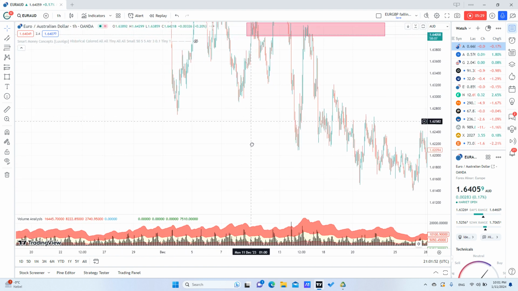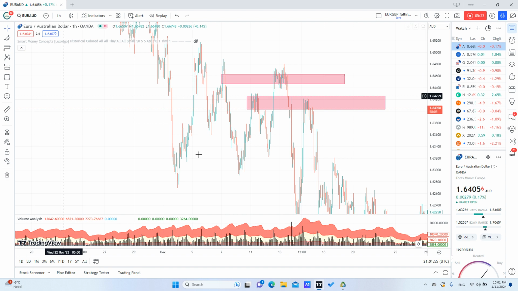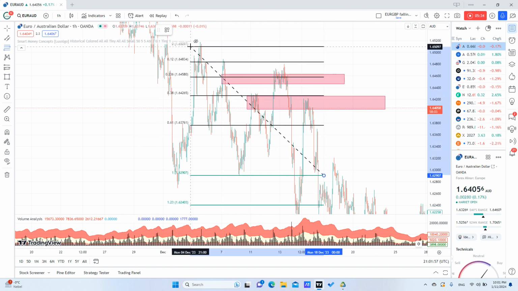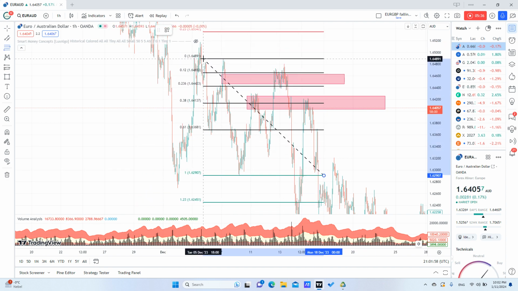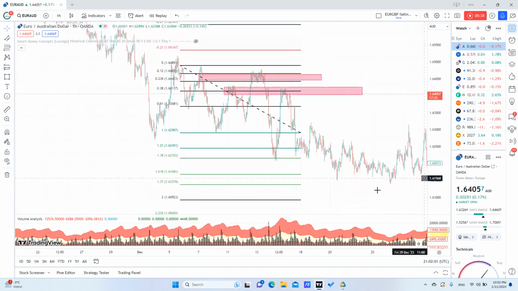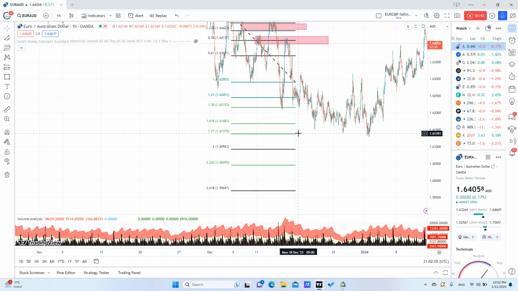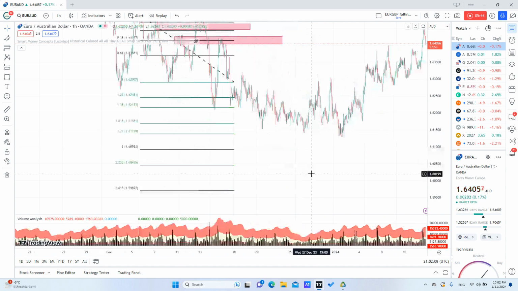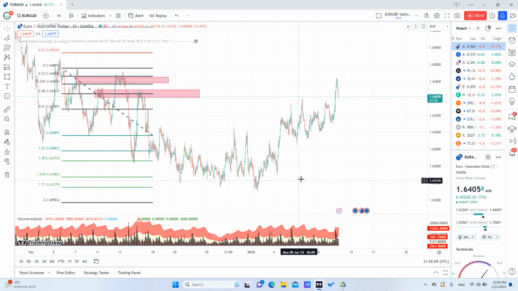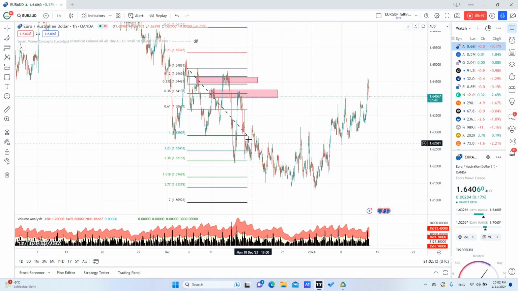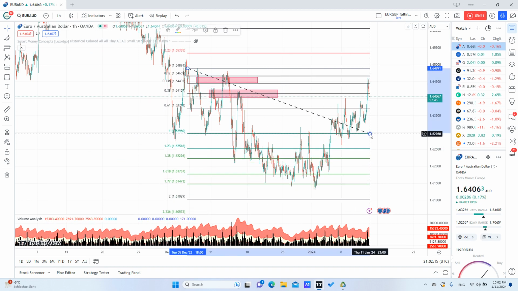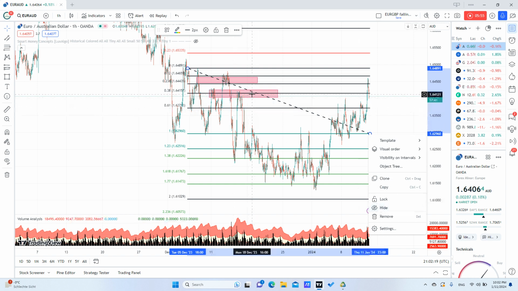If we look at Fibonacci, it went also to 1.77, which is also a very good target. So that's the idea. You have to always focus on the true supply and the true support.